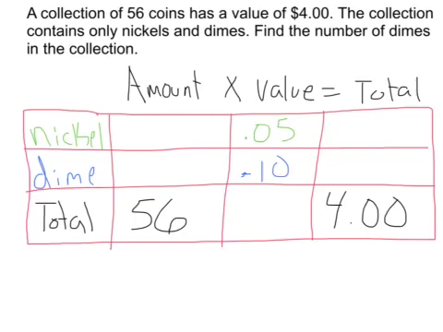And now the tricky thing here is this amount. Now notice we know there's a total amount of 56. We don't know what these are, so how I'm going to start out is by giving myself a variable, and I'm going to let my nickels amount be x. And now I know that if I have a total of 56 and I have x nickels, then my dime amount is going to have to be 56 minus x.